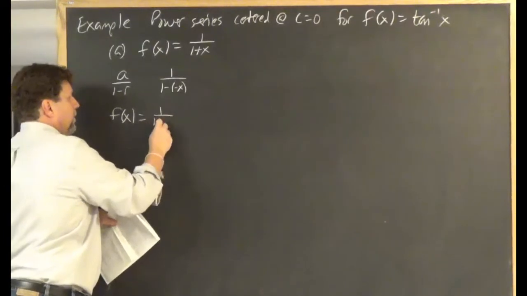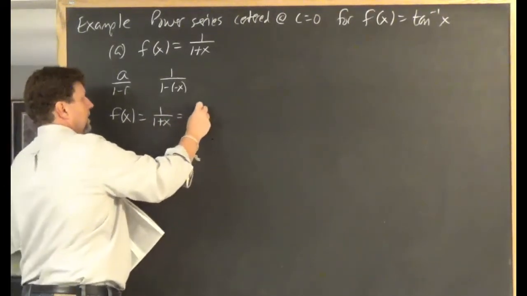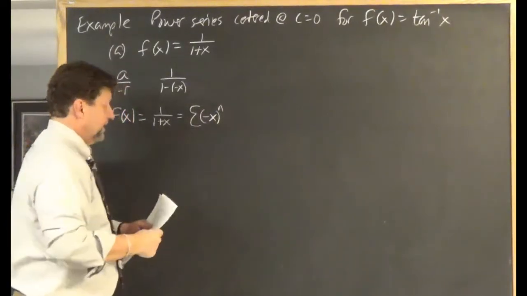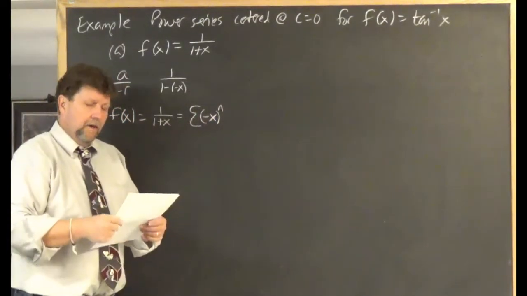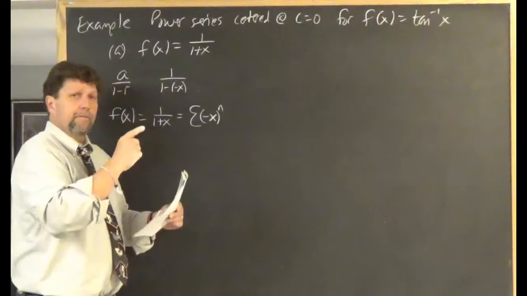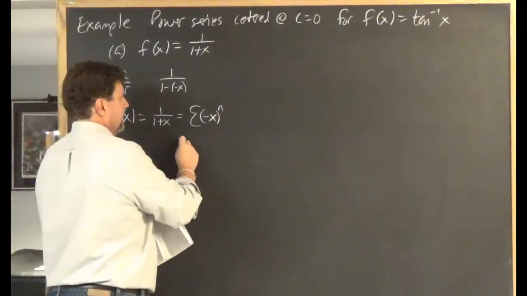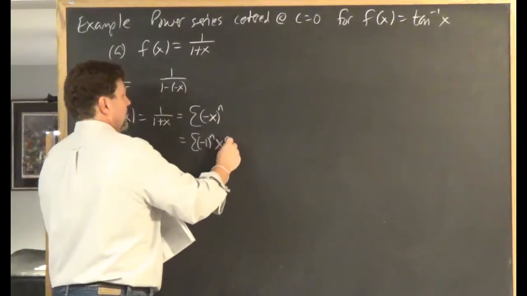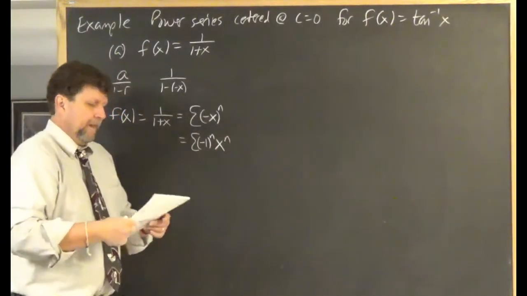the function 1 over 1 plus x is the series negative x to the n, a r to the n. Or, if you prefer, it's kind of nice to see that as negative 1 to the n, x to the n.